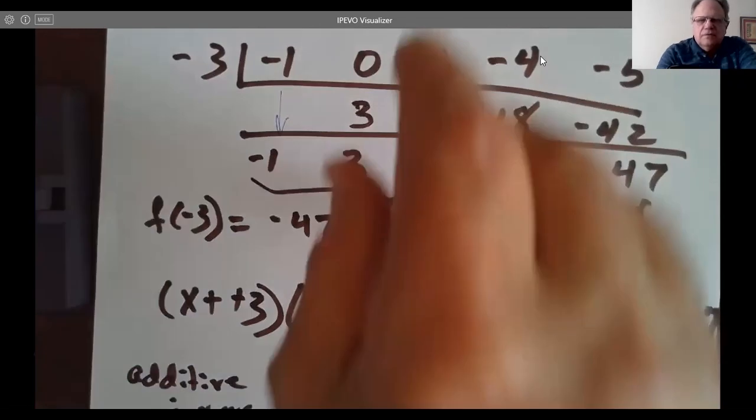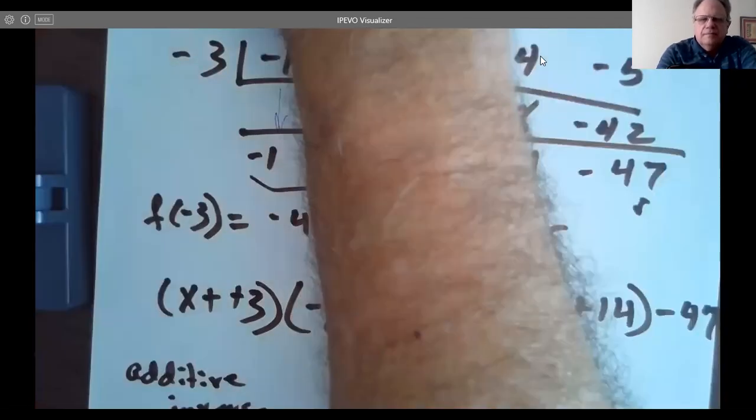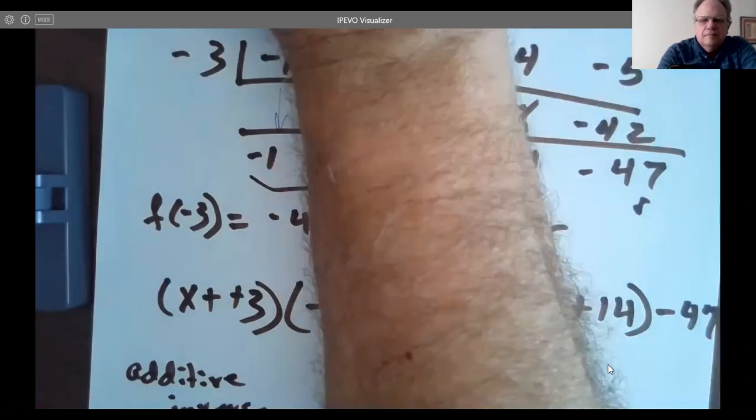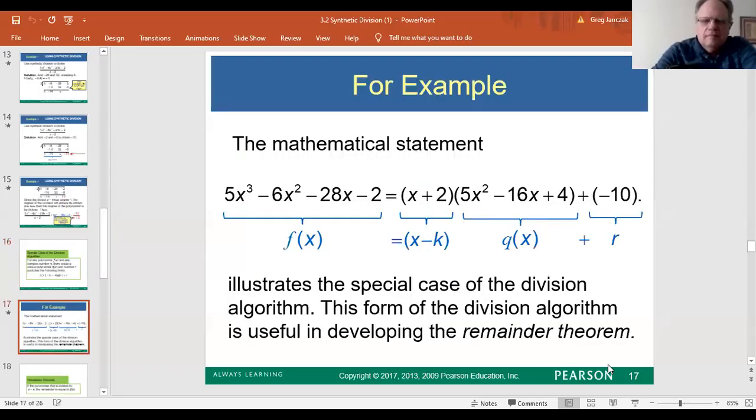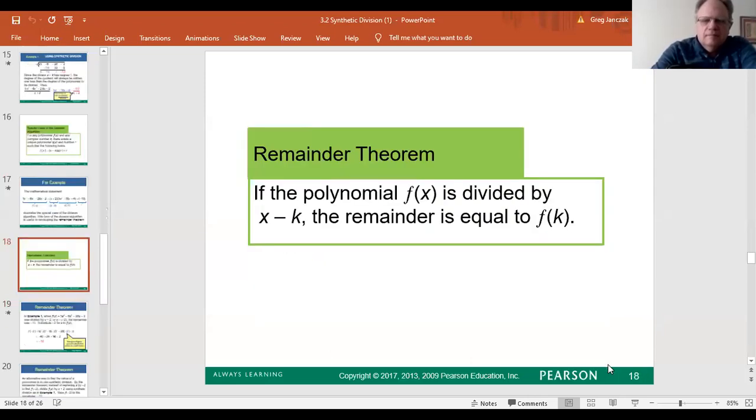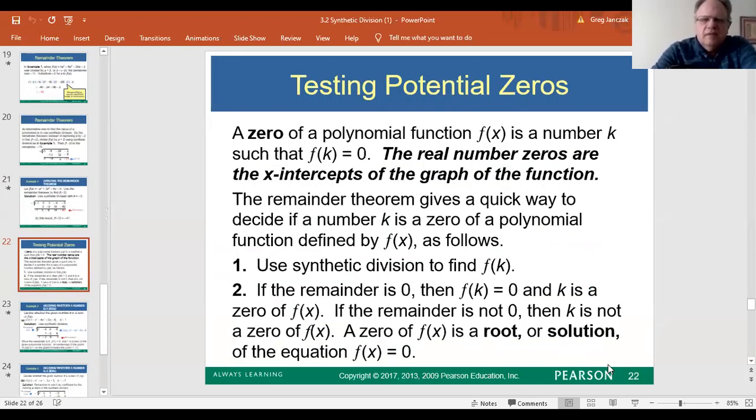All right, so let's go to our PowerPoint notes again. The 0 of a polynomial function: what this is saying is if we have 0 as a remainder in our synthetic division, then the divisor is a 0.